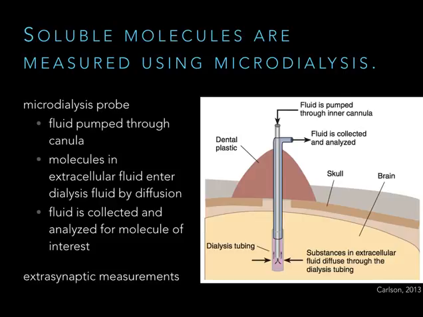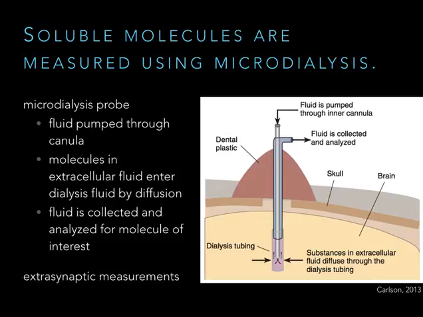And what you do is pump some fluid through your cannula into the dialysis tubing. Small molecules are going to diffuse into the dialysis tubing. Let's say you want to measure the concentration of dopamine in some brain region. You can certainly do that with microdialysis.